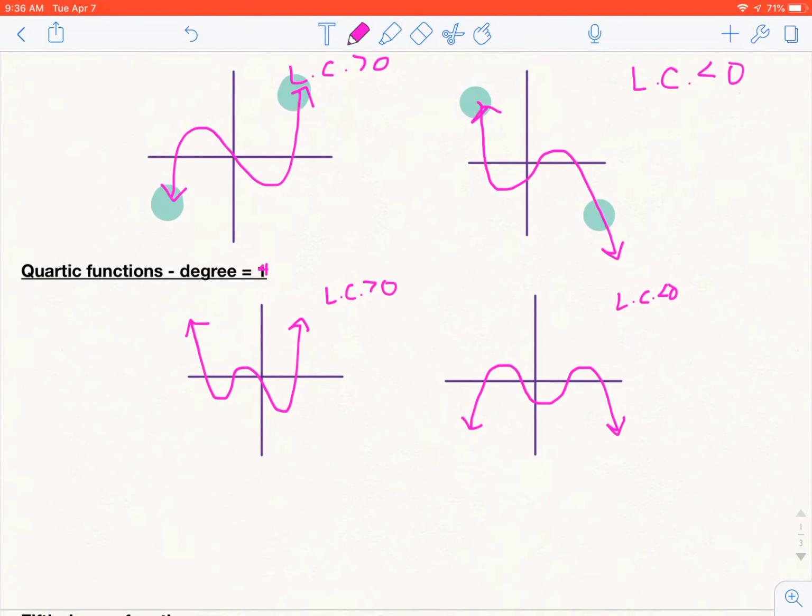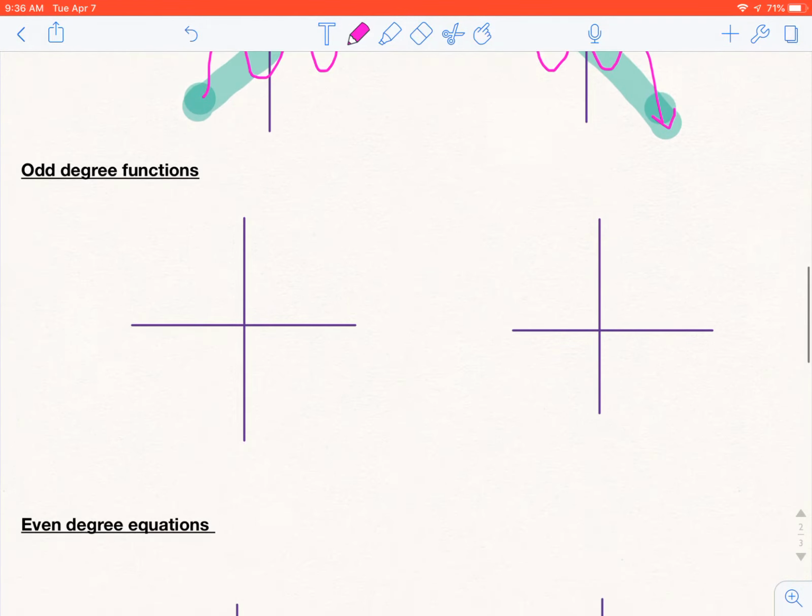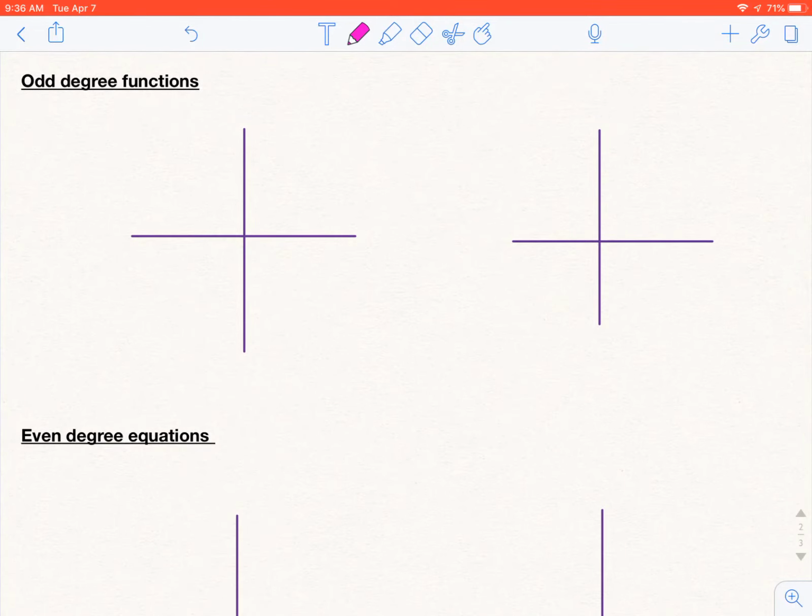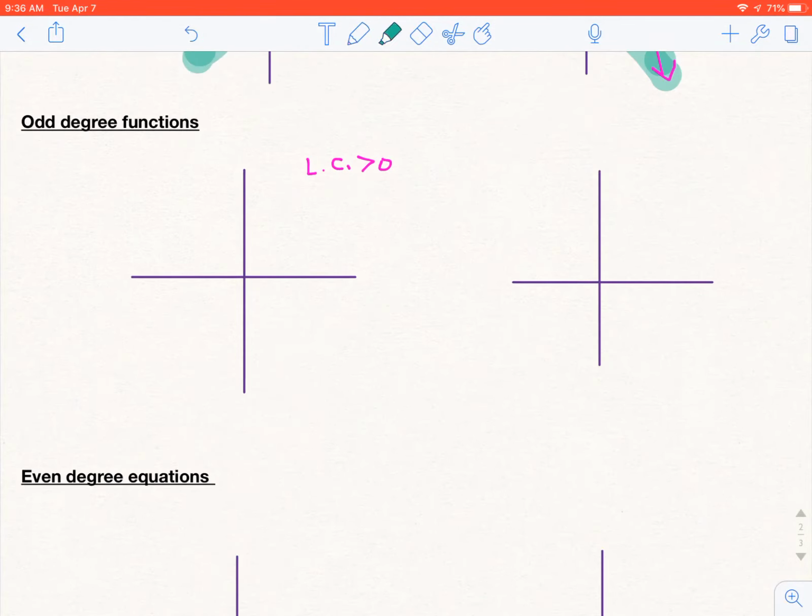All right. So to summarize, and this really is the important stuff out of all these last 2 videos, if I have an odd degree, and my leading coefficient is positive, then I know it has to start down here and end up here. Odd is opposite, opposite corners. Odd, opposite corners. So I don't know what it does in between, so sometimes we do this, but we know that it has to then cross over here.